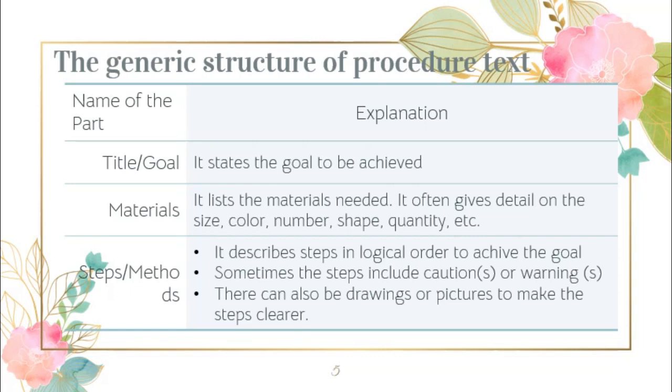So let's see the explanation. Goal, it states the goal to be achieved, menyatakan tujuan yang ingin dicapai. Materials, it lists the materials needed. It often gives details on the size, color, number, shape, quantity, etc. Jadi materi-materi apa saja yang dibutuhkan, dan kadang ada detail ukuran, warna, jumlah, bentuk, dan sebagainya.